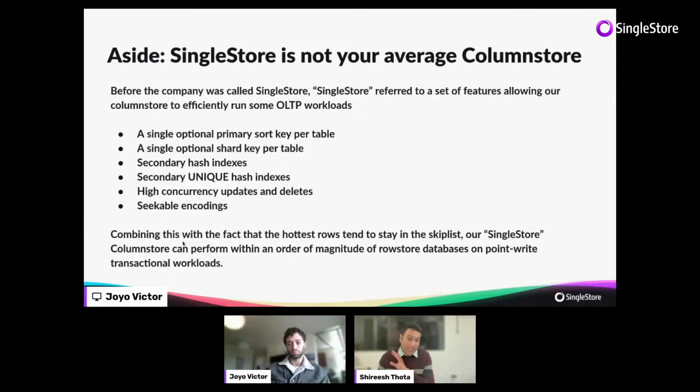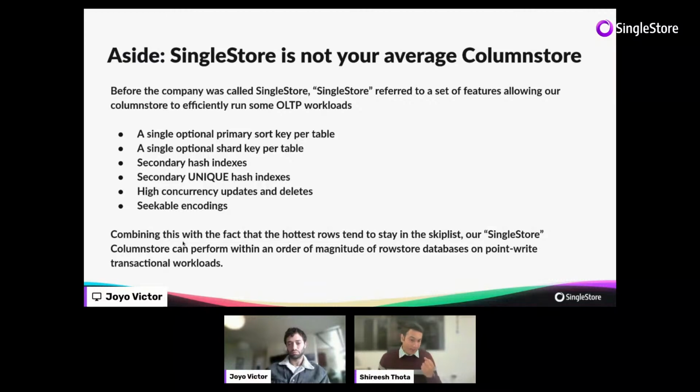I don't believe there's any database that can do all three, and we do it extremely well. The data is all in memory. If it is all in memory, we get a ton of great OLTP performance, as Joyo said. But we also go toe-to-toe on the analytical scan performance. When you think about all these pieces, it is just amazing.